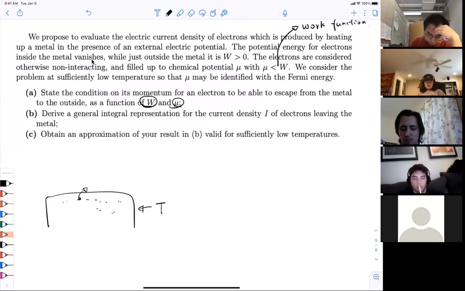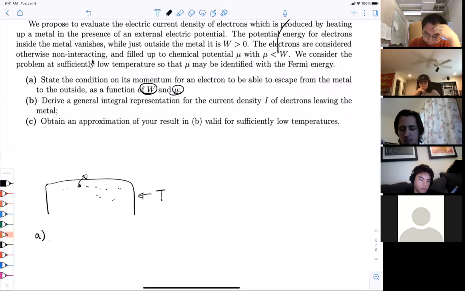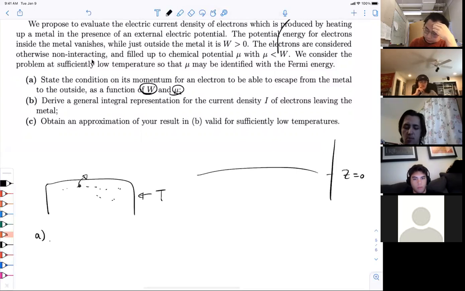So problem A states the condition on the momentum for an electron to be able to escape from the metal to the outside. Let's assume the surface is right at d equals 0.